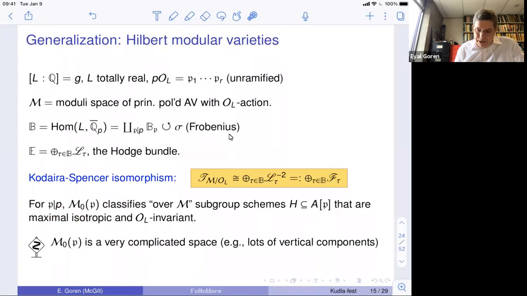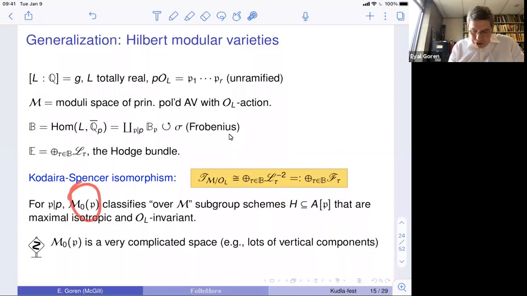Over M, it classifies the additional data of a group scheme contained in the Gothic 𝔭-torsion of A. I fix a prime 𝔭, then define a moduli problem by parameterizing subgroups of this part of the 𝔭-torsion of the abelian variety, the things that are killed by the prime ideal 𝔭. I want them naturally to be O_L-invariant, and we'll also take them to be maximal isotropic.